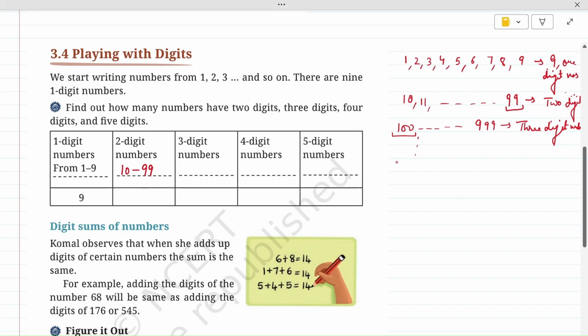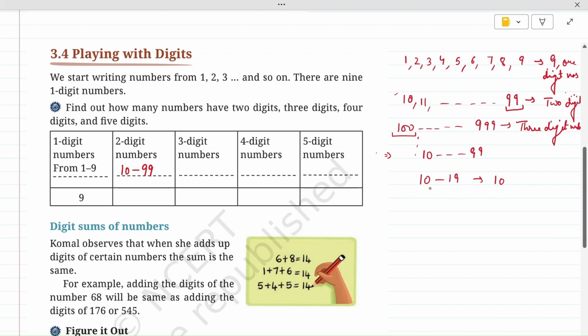Kids, I am telling you this quickly, and the same can be repeated further for the other digits. If you calculate 10 to 99, you have to see how many numbers. From 10 to 19, you have 10 numbers: 10, 11, 12, 13, 14, 15, 16, 17, 18, 19. If you count, there are 10 numbers.